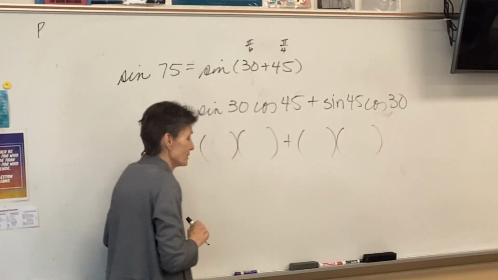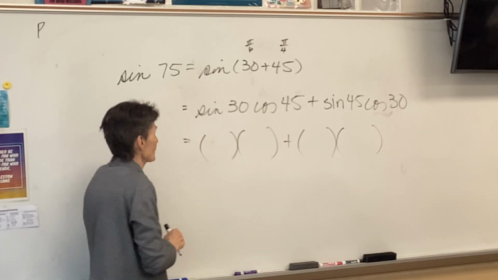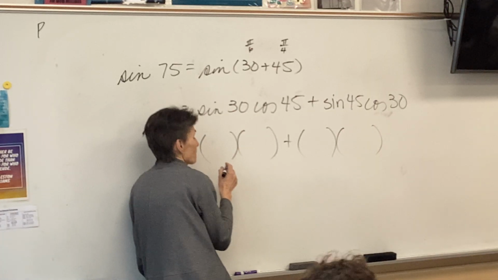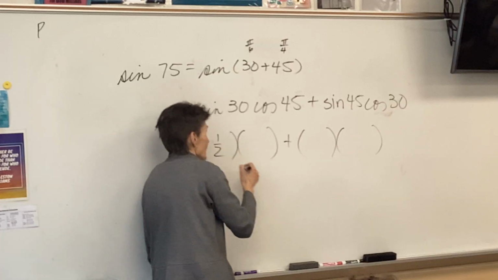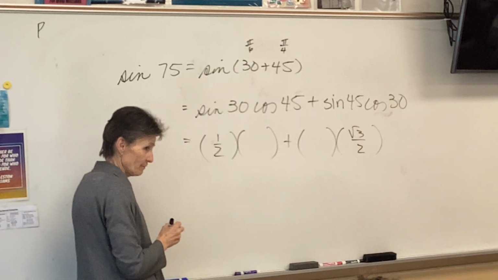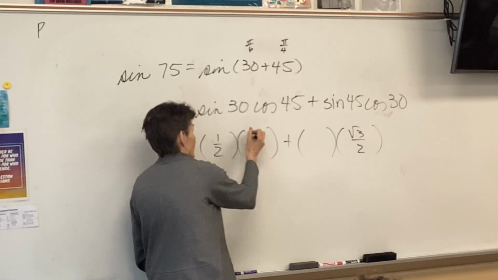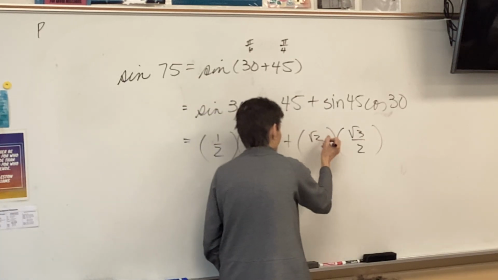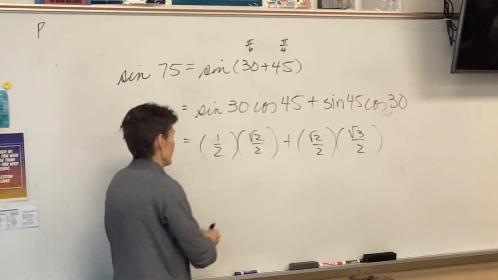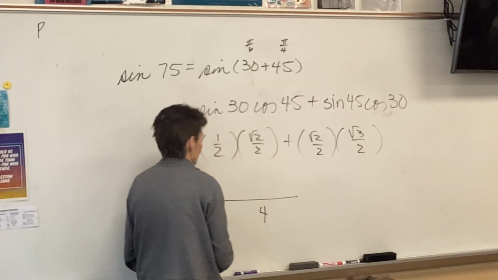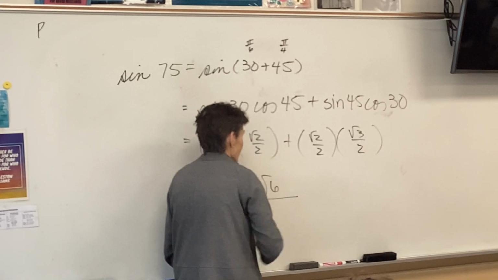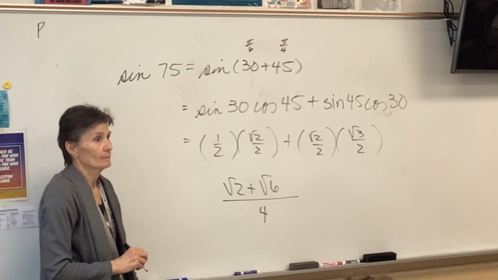These are all quadrant one, so no negatives to worry about. Sine 30, sine pi over 6 is 1/2, and cosine is root 3 over 2. 45, sine and cosine match, root 2 over 2. How's that look to you, root 2 plus root 6?